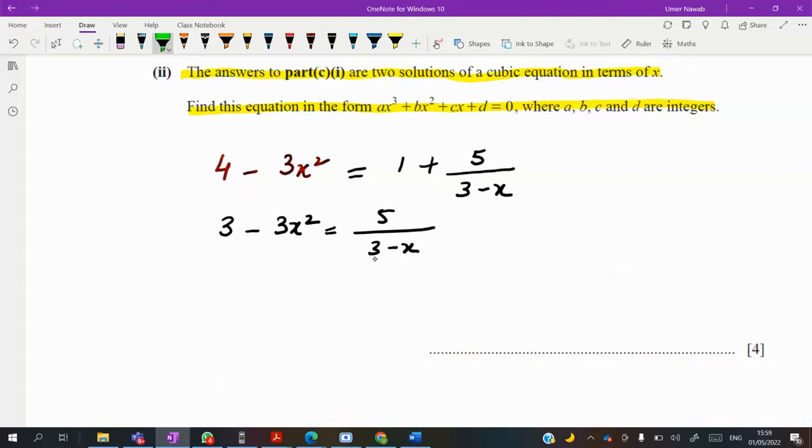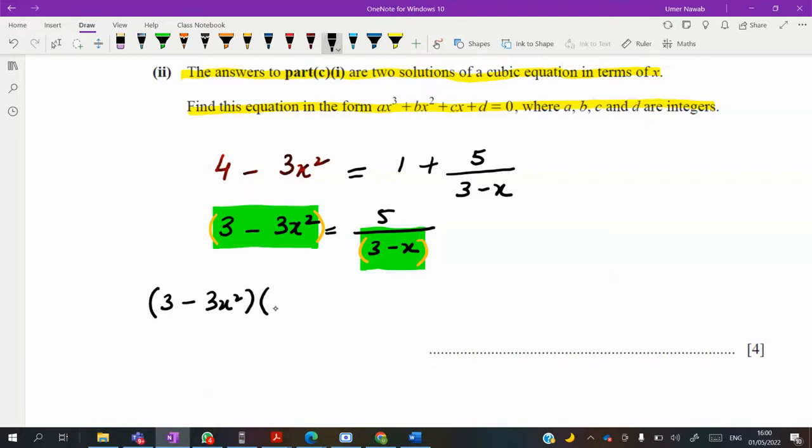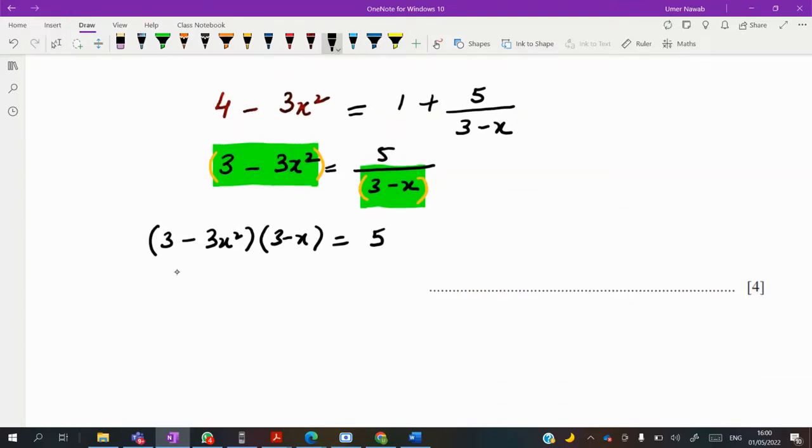Now, this 3 minus x multiplied with this one, keep the brackets on, is equal to 5. Now, 3 times 3 is 9, minus 3x minus 9x squared plus 3x cubed is equal to 5. Now simplify it and rearrange them.